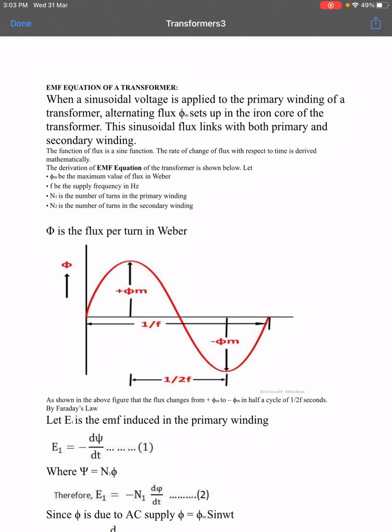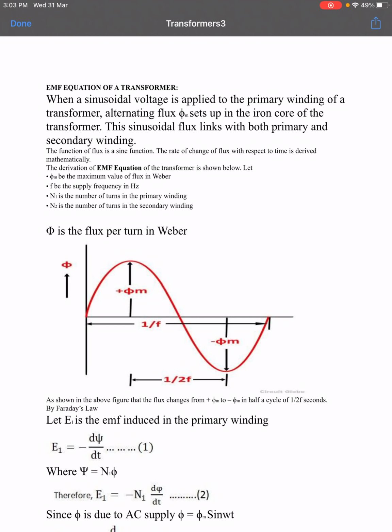After that we have the number of turns. N1 is the number of turns in the primary winding of the transformer. Similarly, N2 is the number of turns in the secondary winding of the transformer.